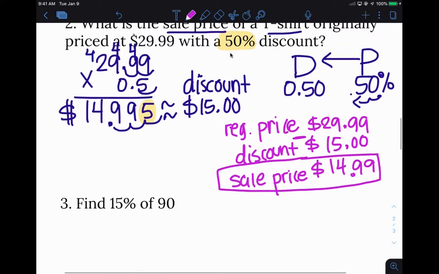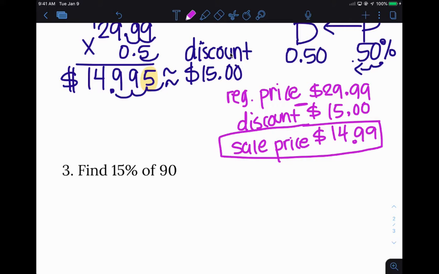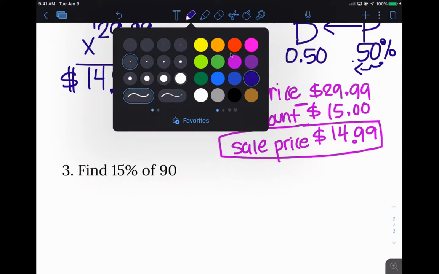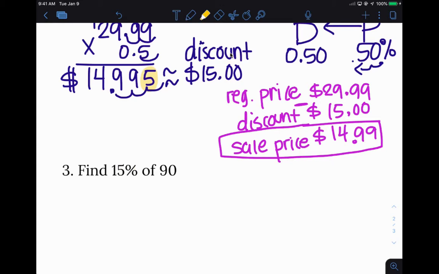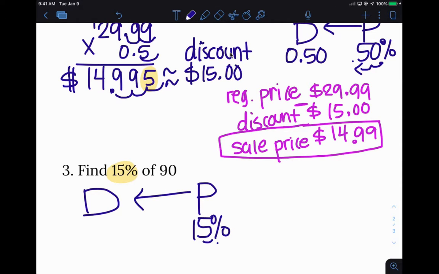Okay, problem number 3. It says find 15% of 90. So let's convert that percent into a decimal. This is a 15%. Let's make it a decimal, 1 and 2. So we have 0.15.